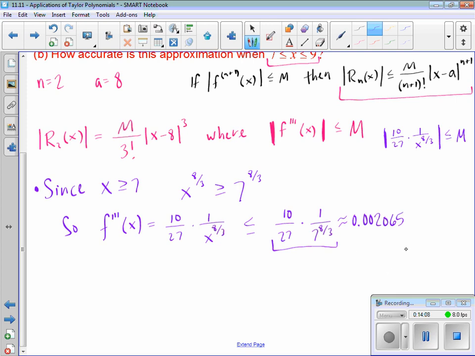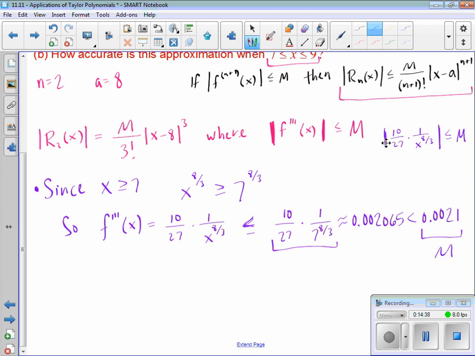So let's go like to there, okay? It's approximately that. Now, do you see how this is less than? We're always dealing with less thans, okay? You always want your signs facing the same direction. So I know this is less than 0.0021. That works, right? Okay, as long as this number is bigger, you're okay. So then this is going to be my m value right here.